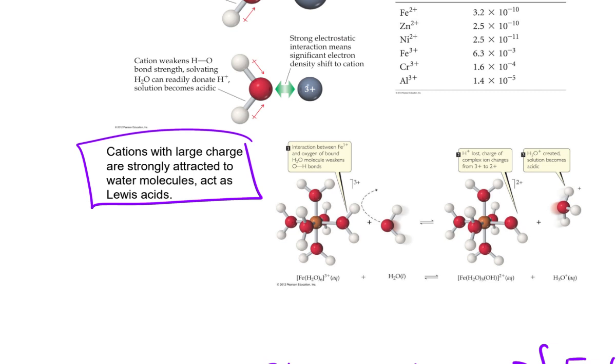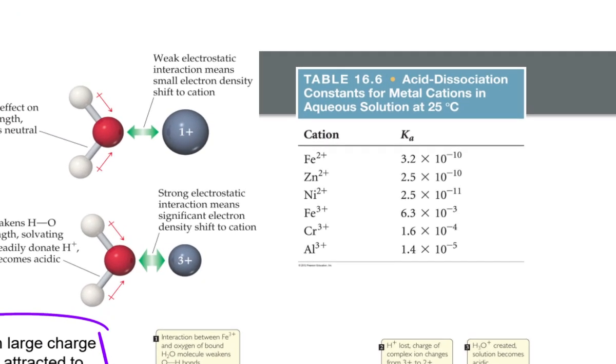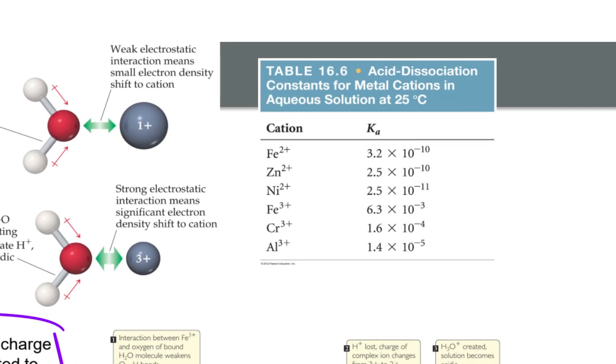So that's the metals acting as Lewis acids. Here are a few different examples of cations that will act as Lewis acids: iron 2+, zinc 2+, nickel, iron 3+, chromium 3+, and aluminum 3+.